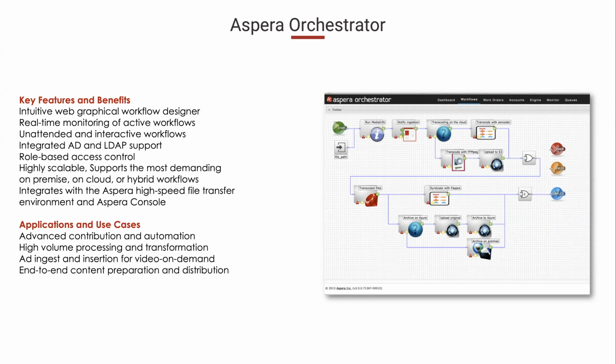That role-based access control is important when you think about the end-to-end life cycle of a workflow, where you may have administrators that are creating, designing, and editing these workflows, but you may also have operators that don't need that level of access, but may need to come in to simply monitor a dashboard to see what's happening right now with files as they make their way through the system. Or even have human interaction steps, for example, a quick human visual QC approval or reject as part of a workflow as well.